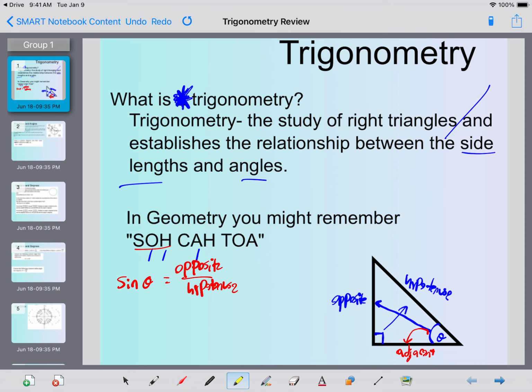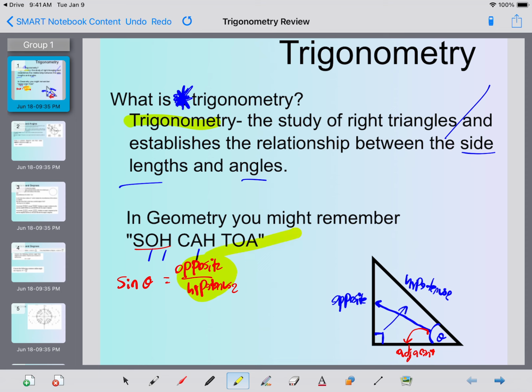Now, we will go more deeply into what sine, cosine, and tangent actually mean when you see the unit circle and when we start graphing the trig functions. But right now we're talking about what trigonometry is. And we said that there's special relationships between angles and sides. This is a ratio of side lengths, a ratio of sides, a proportion of sides.